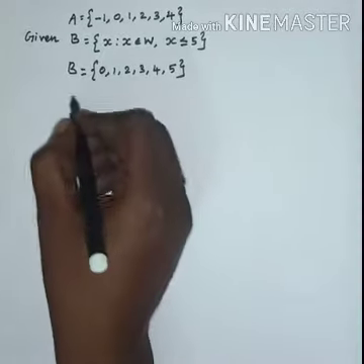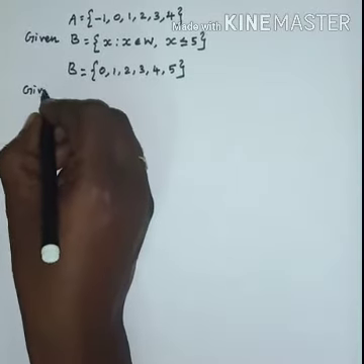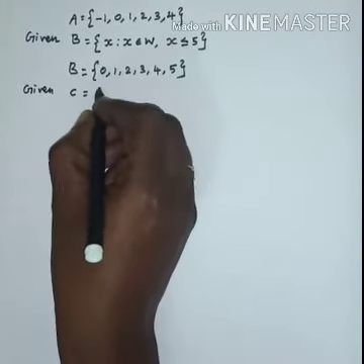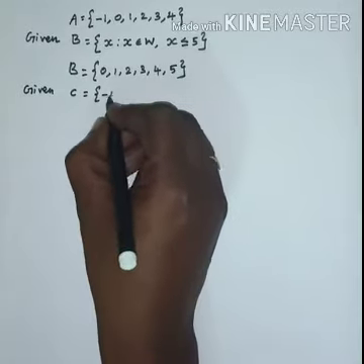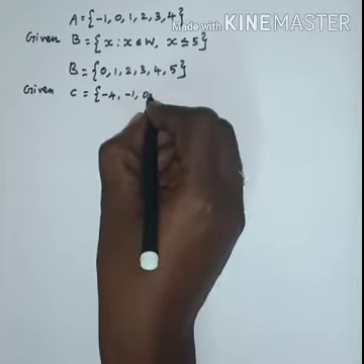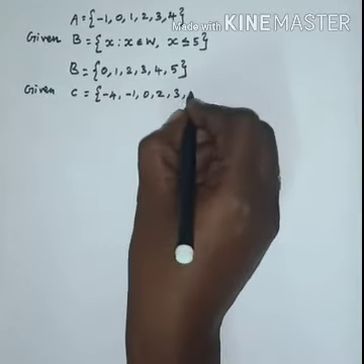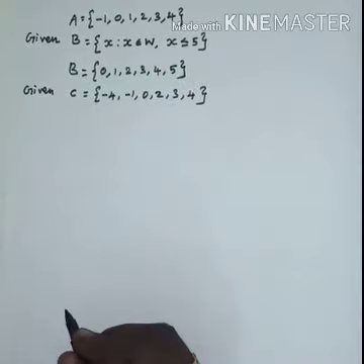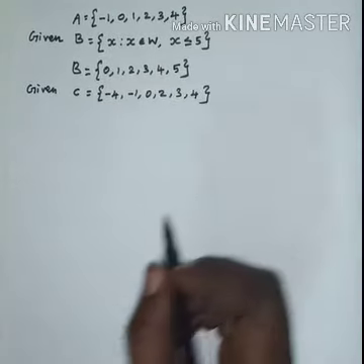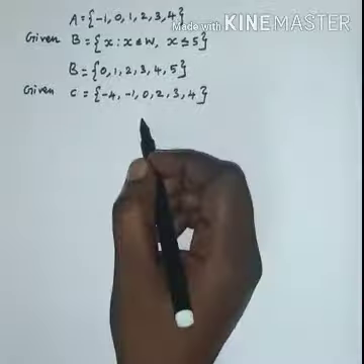And then C, given the set C is equal to -4, -1, 0, 2, 3, 4. These are the elements in set C. Now we have to verify this distributive law.